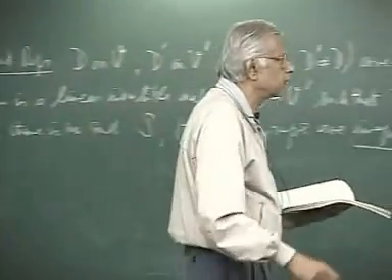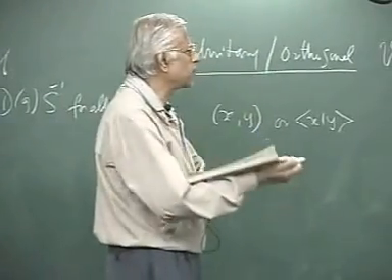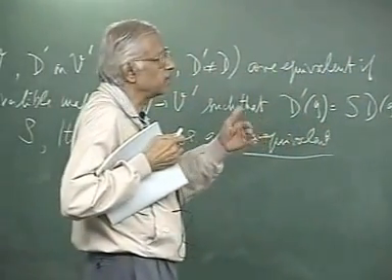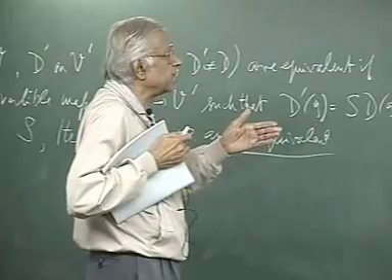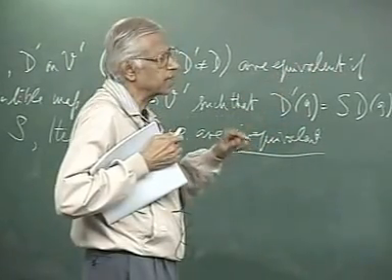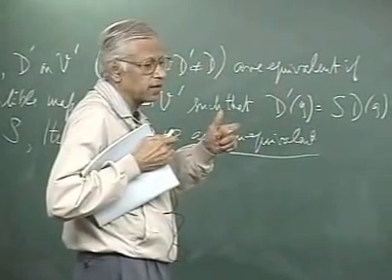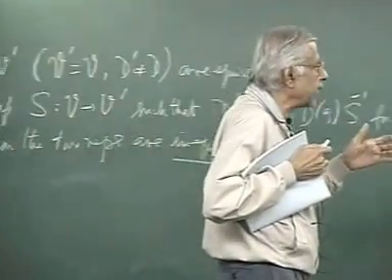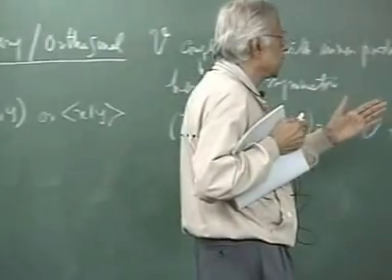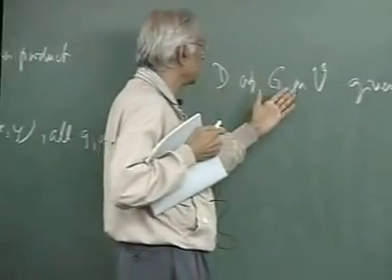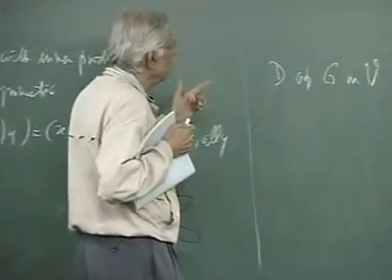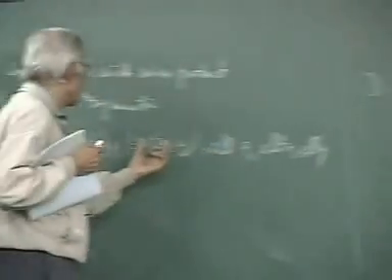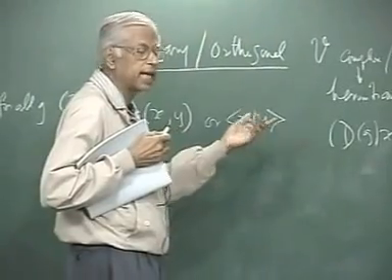Then you may ask, is it possible to set up a scalar product on V, a Hermitian scalar product on V, with respect to which the representation is unitary, or which is preserved by the group action? It can happen that the representation D is such that there is no way to choose the scalar product on V obeying this condition. It can happen.